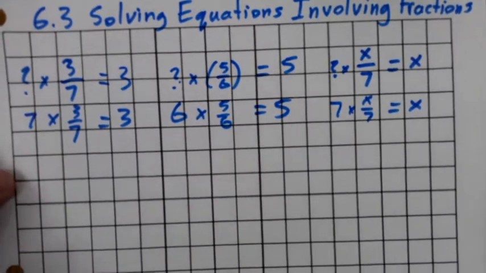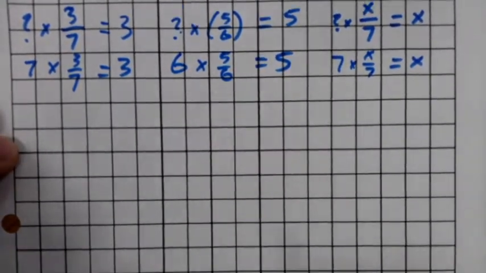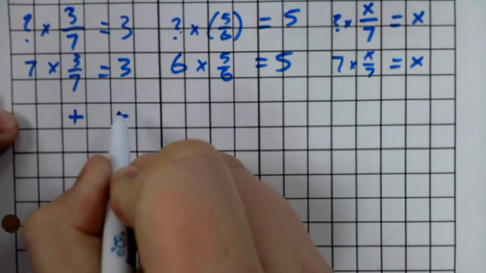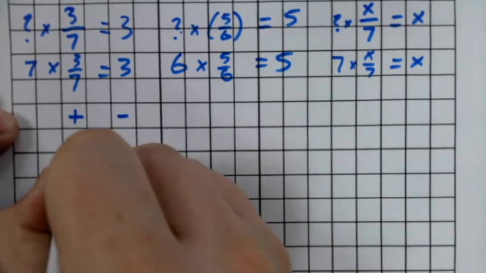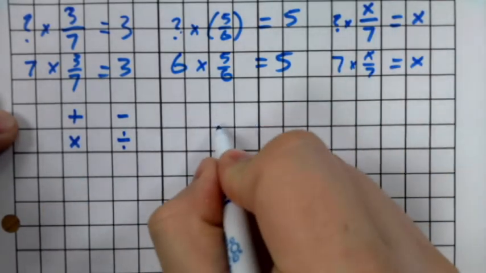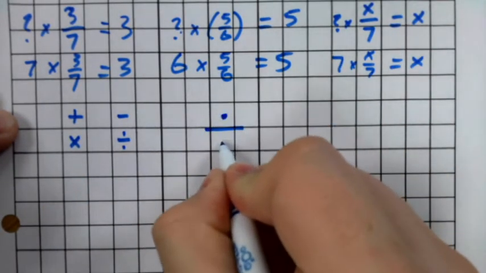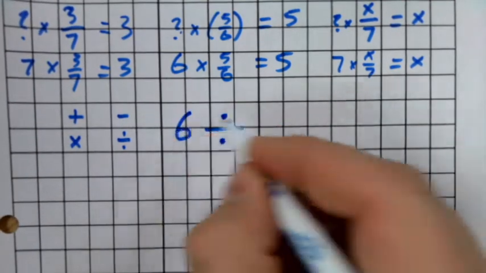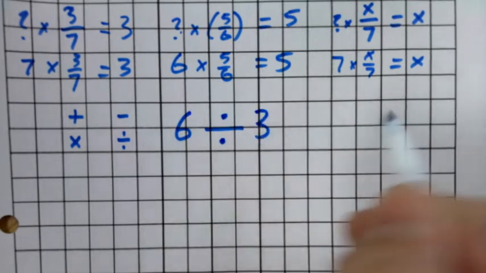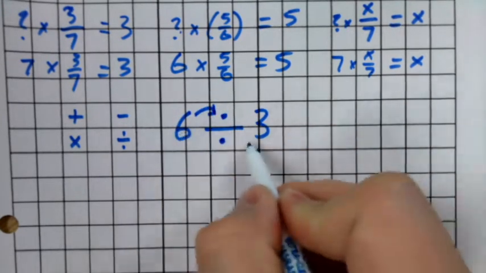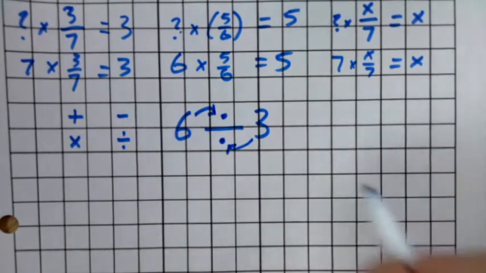I mentioned it last lesson at the end, but the opposite of addition is subtraction, and the opposite of multiplication is division. And I've said this in many videos. The division sign is the division sign. Why? Because for example, in 6 divided by 3, the dot on top represents the number that's before, and the dot on the bottom represents that one.